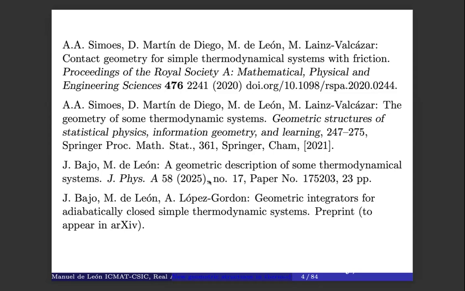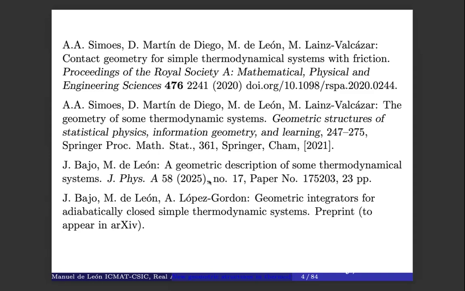In a more recent paper with Jaime Bajo, we obtained a description of the rest of the thermodynamic systems, those considered by Gay-Balmaz and Yoshimura, introducing a new geometric structure we call partially cosymplectic.